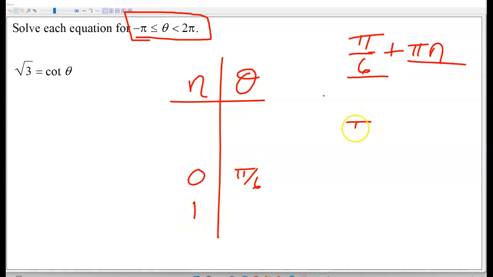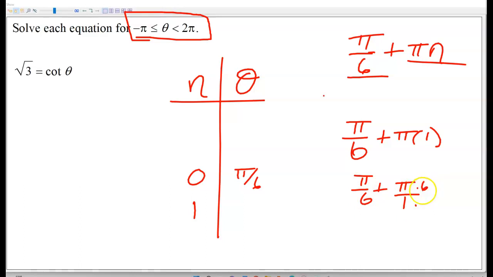Let's see what that gives me. Pi over 6 plus pi times 1 is pi over 6 plus pi. Getting a common denominator, we end up with pi over 6 plus 6 pi over 6, which is 7 pi over 6.